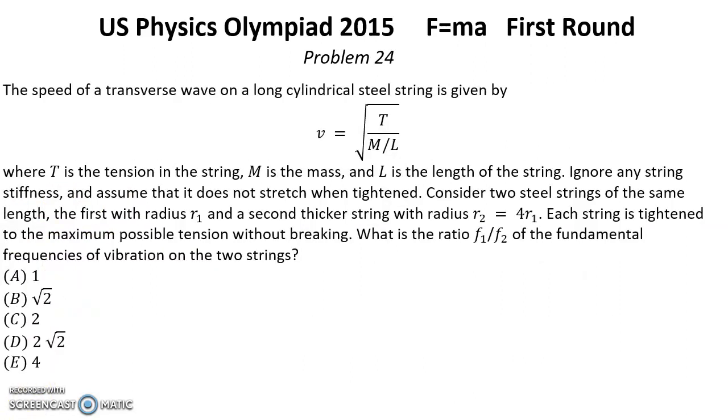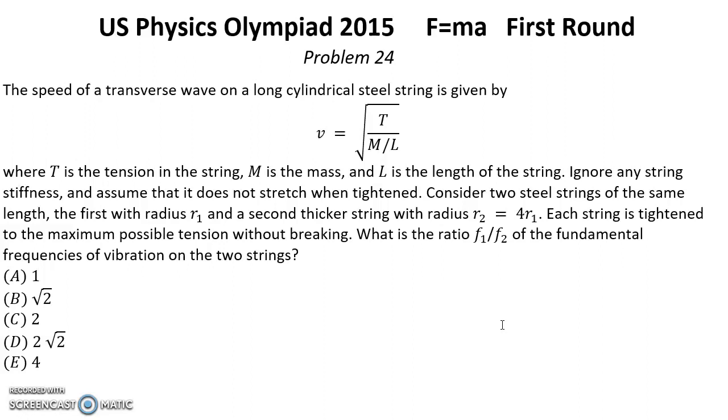Problem number 24. The speed of a transverse wave on a long cylindrical steel string is given by the formula v equals the square root of T over M over L, where T is the tension of the string, M is the mass, and L is the length of the string. Ignore any string stiffness and assume that it does not stretch when tightened.